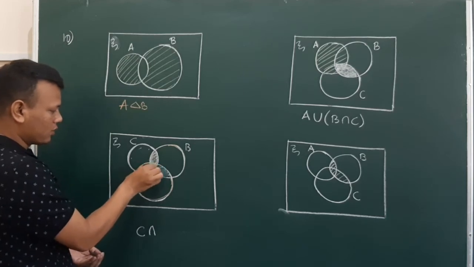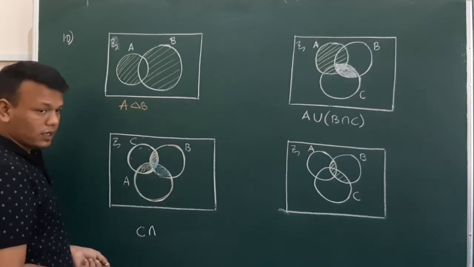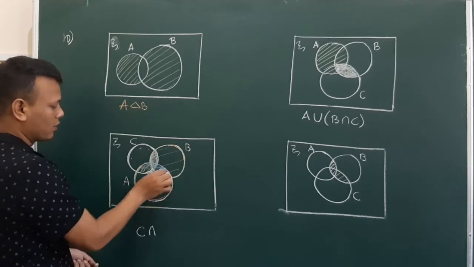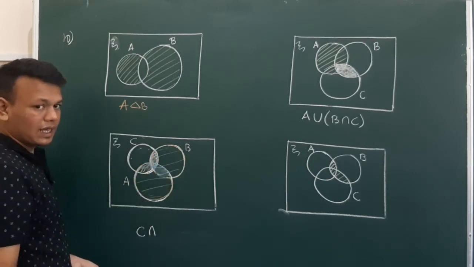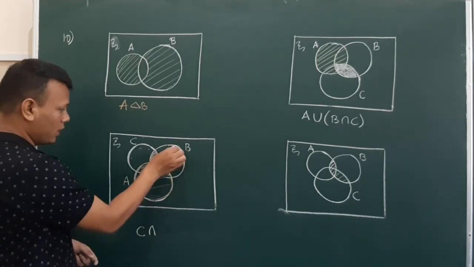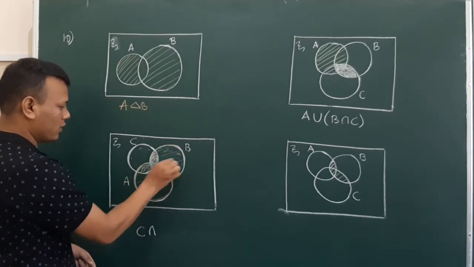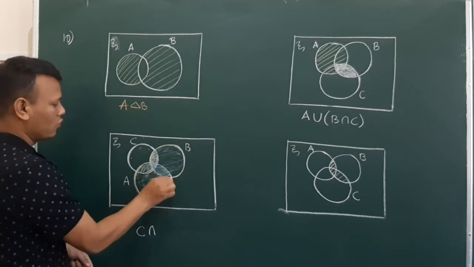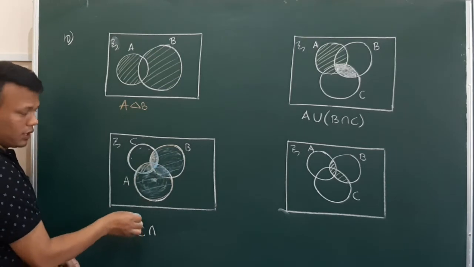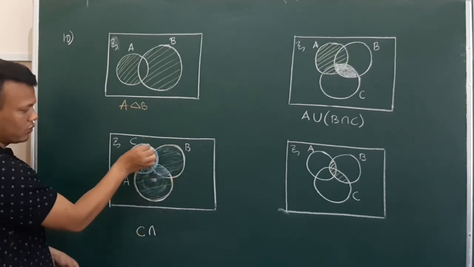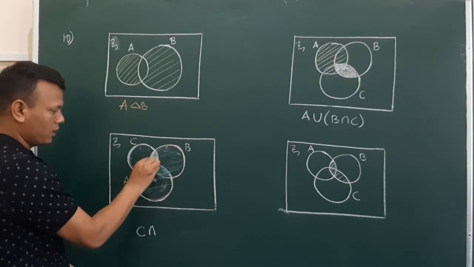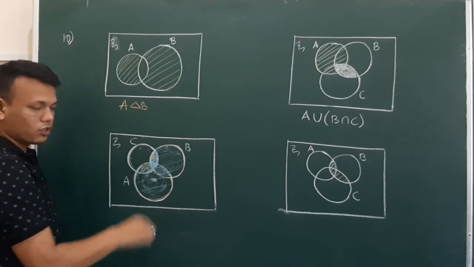So what I am going to do is take everything. So this everything gives me my A union B. So if this full thing is my A union B, and if this is my C, then if I take the intersection of C and A union B, only the common part will be the shaded part which is given in the question, isn't it?